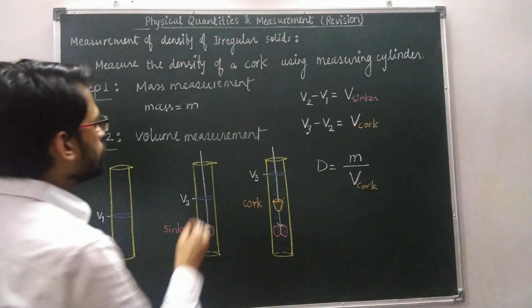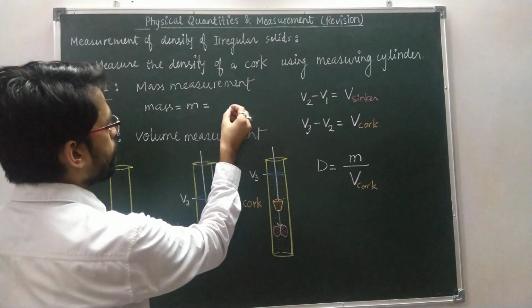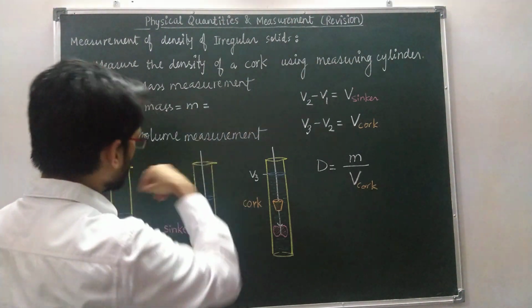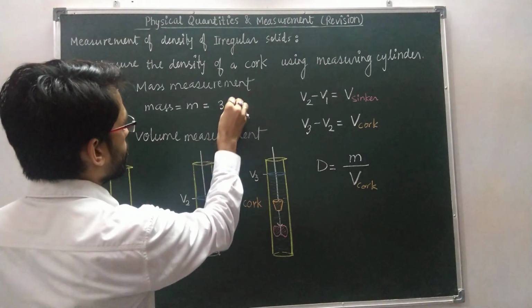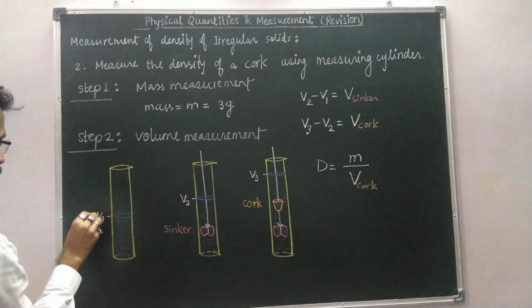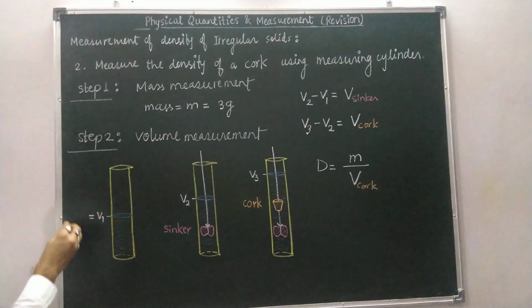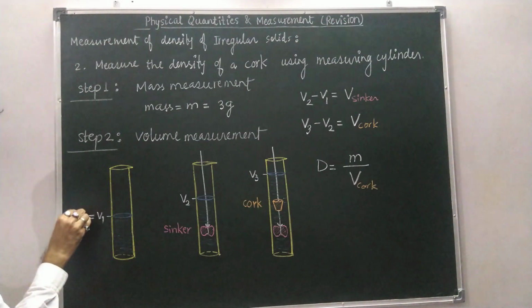Consider the mass of the cork is 3 gram. The volume of the liquid in the cylinder is 30 ml.